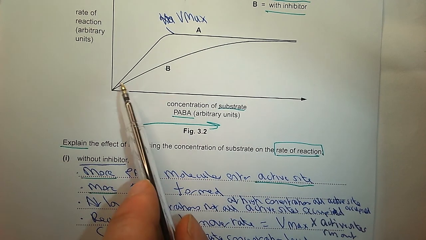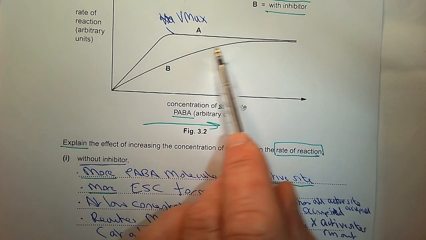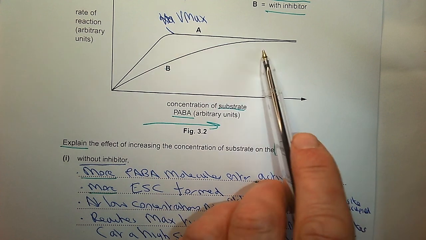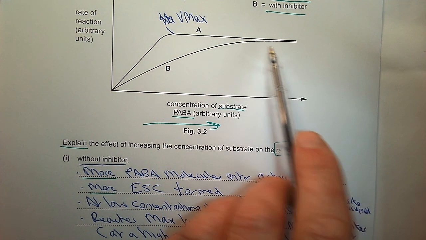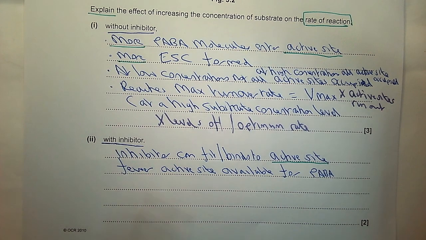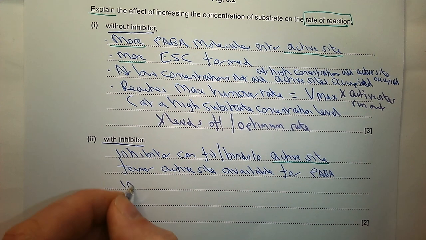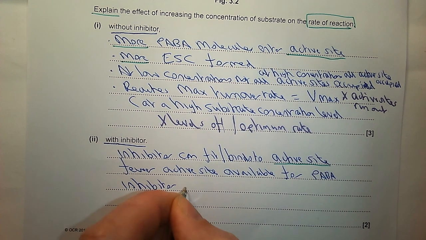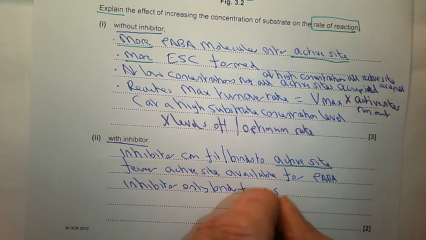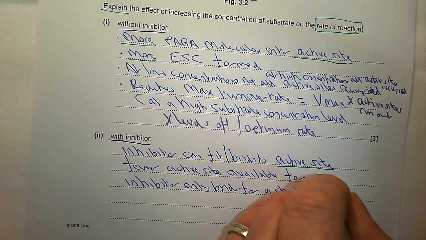However, as we continue to increase the amount of substrate, the rate is starting to get towards Vmax. Therefore, more substrate must be binding with the active sites. And that's because the inhibitor only binds for a short time. It's reversible.